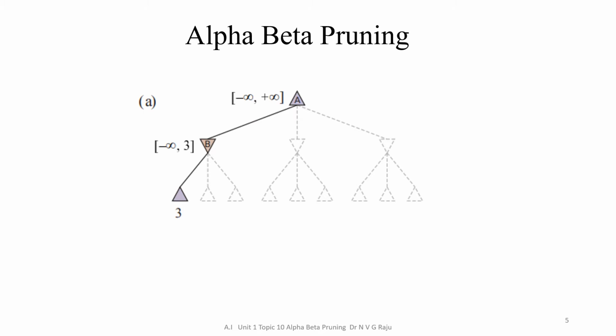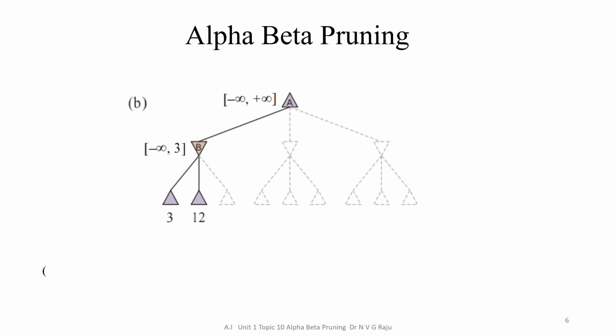Now the first leaf below B has the value 3, hence B, which is a min node, has a value at most 3, that means either 3 or less than 3. The second leaf below B has a value of 12. Min would avoid this move, so the value of B is still at most 3.